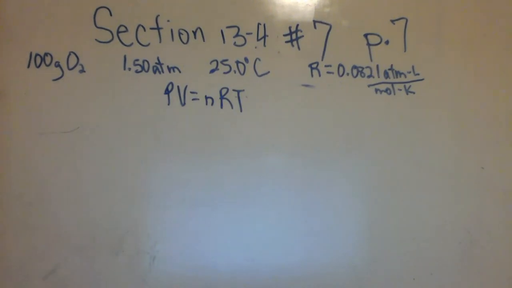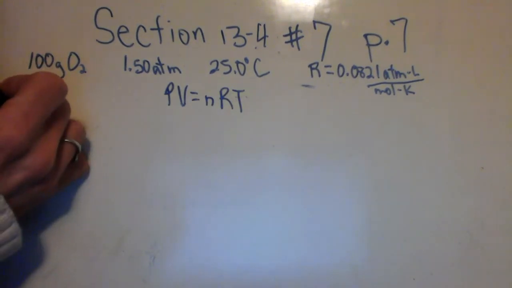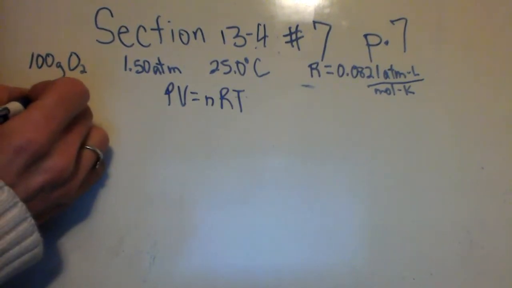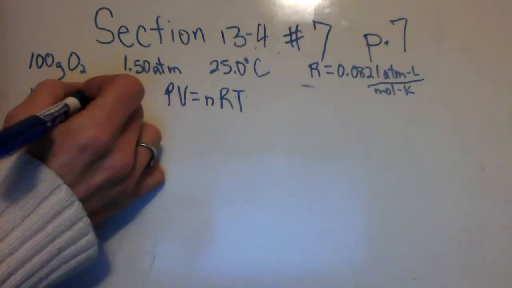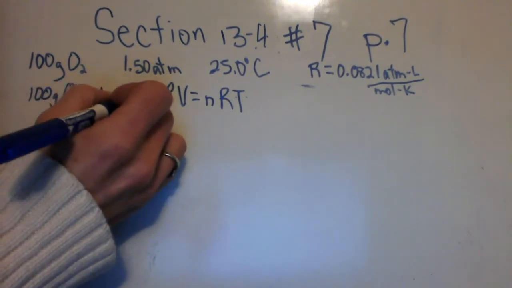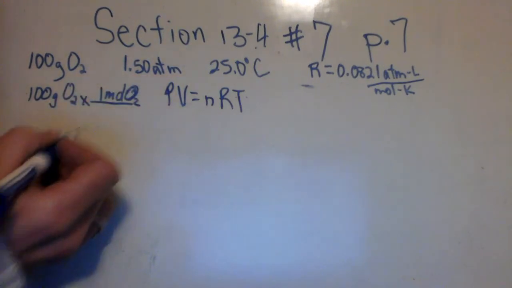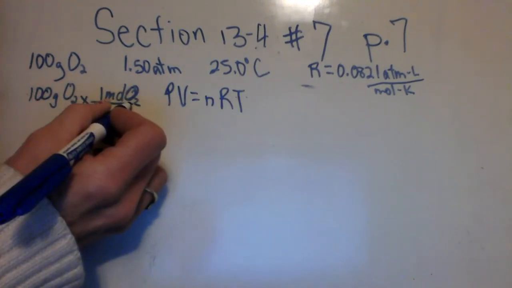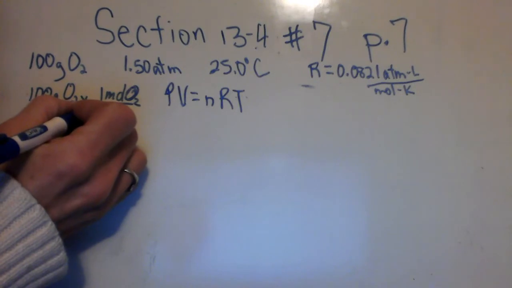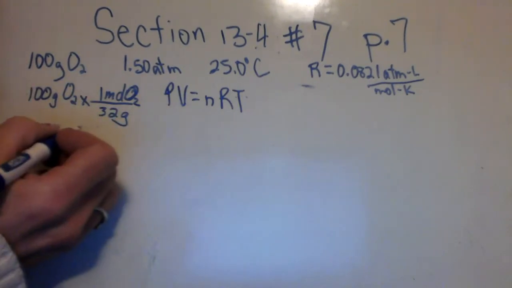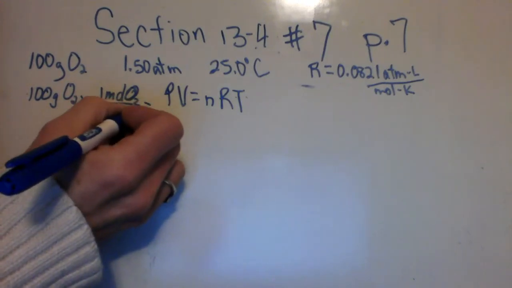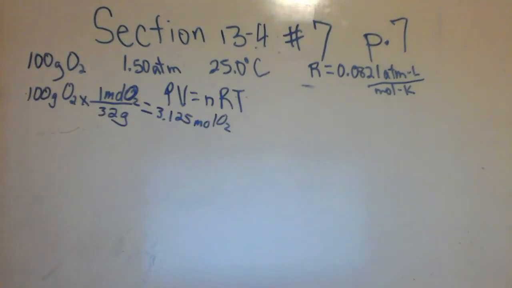We can use 100 grams of oxygen to figure out how many moles of oxygen there are. 100 grams of oxygen multiplied by 1 mole of oxygen on top, and the molar mass of oxygen as a gas on the bottom, which would be 32 grams, equals 3.125 moles of oxygen.